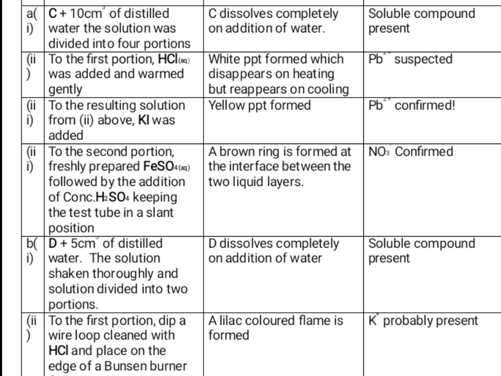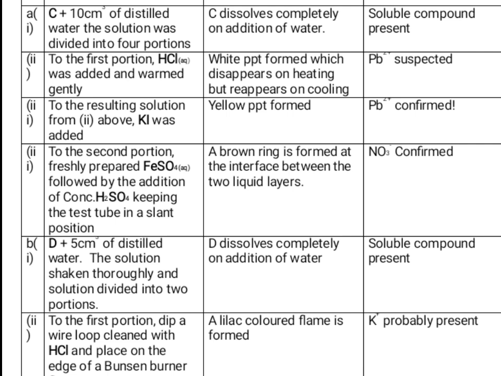Then the next test will be to add to the second portion freshly prepared iron 2 sulfate, followed by conc H2SO4. So this is the popular brown ring test. This is also another test to expect in this year's salt test.